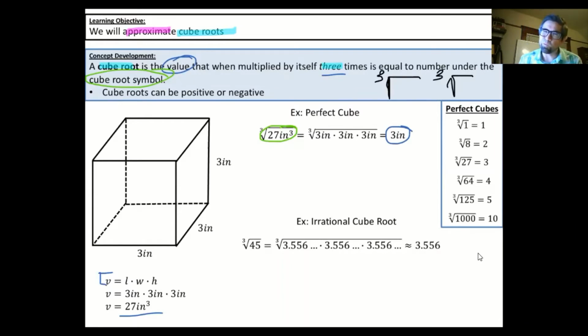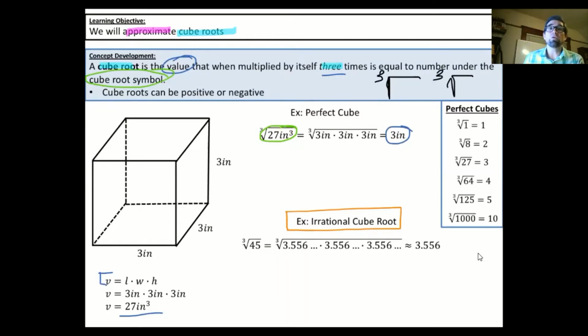Now, we have perfect cubes and we also have irrational cubes. So let's look at an irrational cube because that is what we're going to be talking about in our approximating skill. So down here we have an example of an irrational cube root. So the cube root of 45 doesn't have a nice number that when I multiply it by itself 1, 2, 3 times gives me 45.